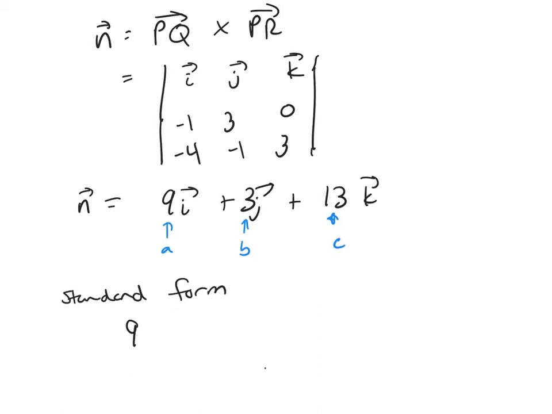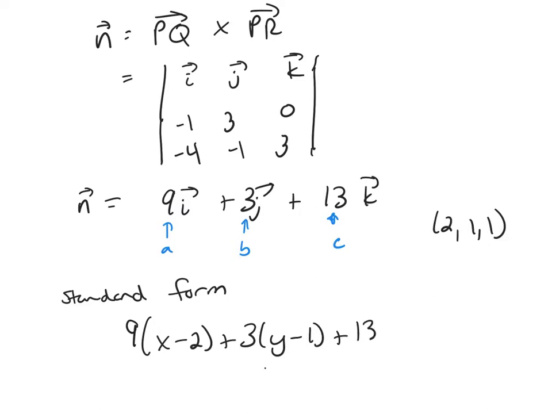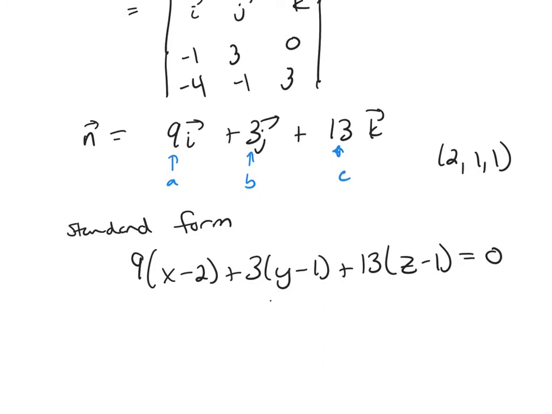It doesn't matter. Just pick one of them. I'm going to pick the point P, (2, 1, 1). So 9(x minus 2), 3(y minus 1), and 13(z minus 1) equals 0. So here's my standard form, my equation of my plane.